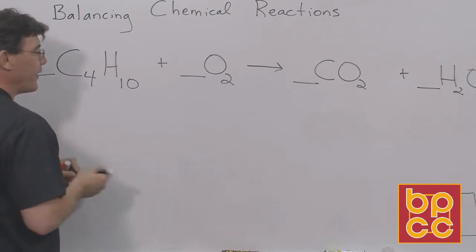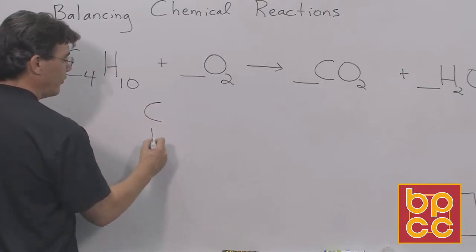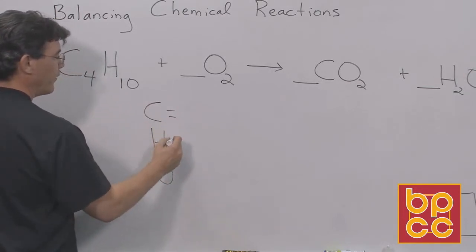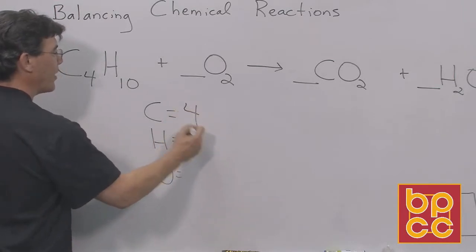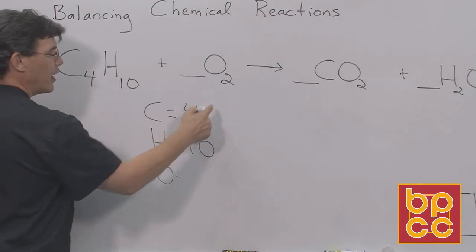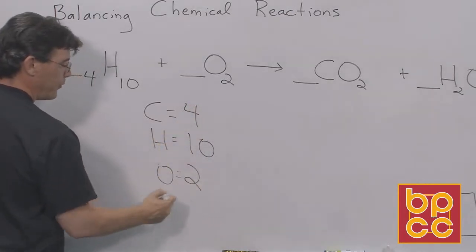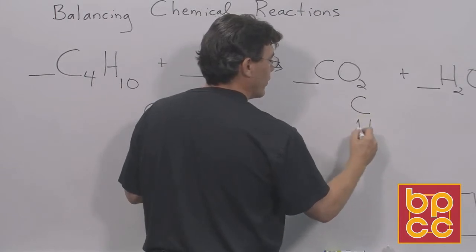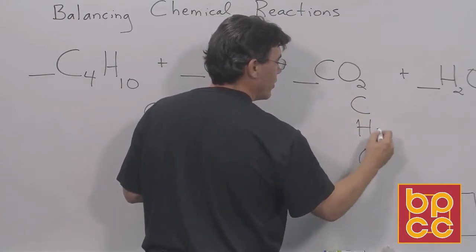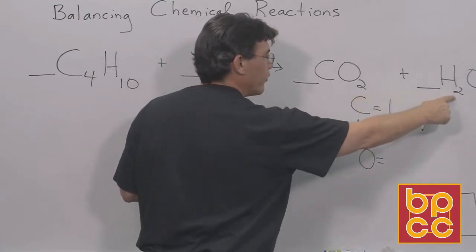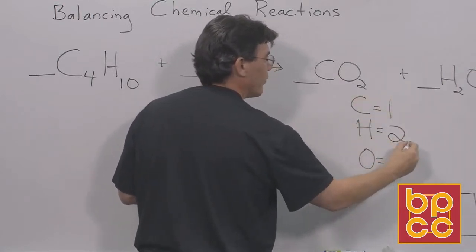And to start off, let's just make a list of the elements we see on both sides and take a head count. So we've got on this side 4 carbon atoms, 10 hydrogen atoms, and 2 oxygen atoms. On the product side, let's do the same order, C, H, and O. And we've got 1 carbon. The hydrogen's over here now, 2 hydrogens from the formula.